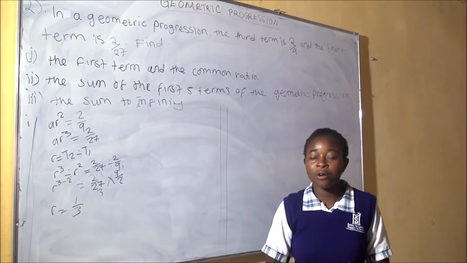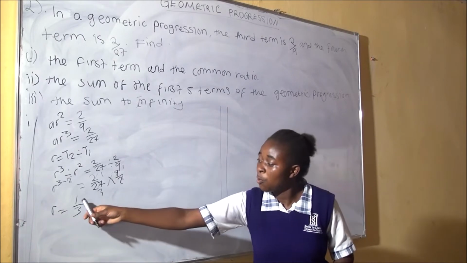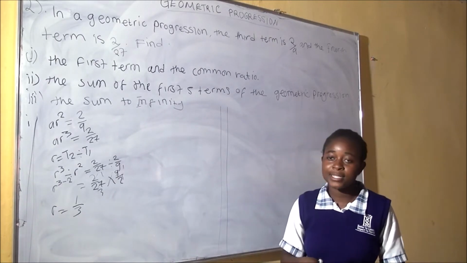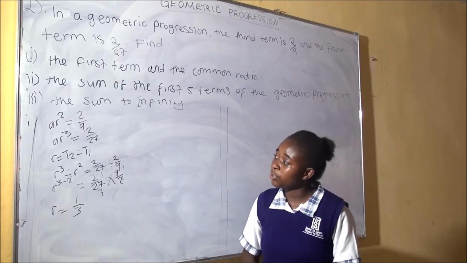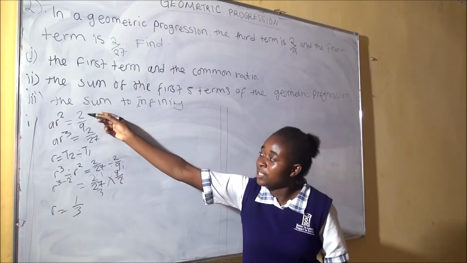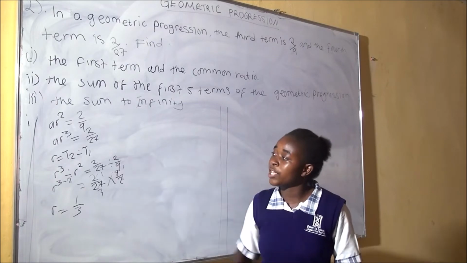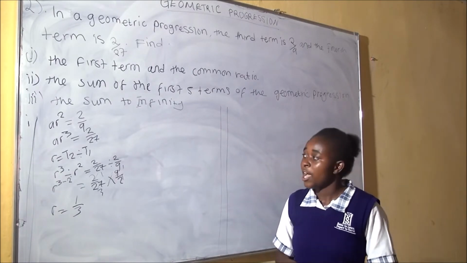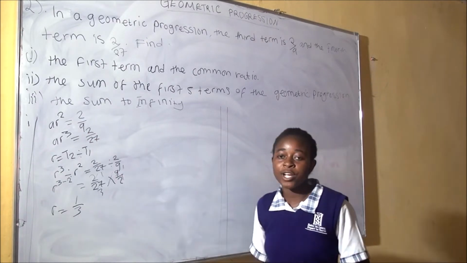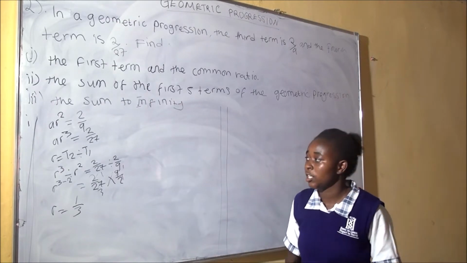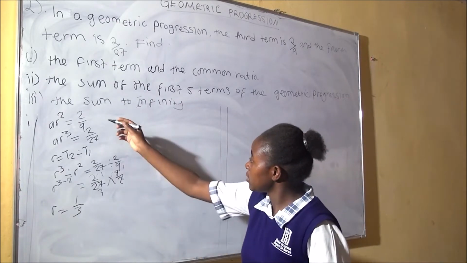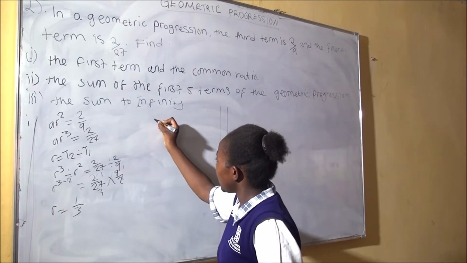So we have found our common ratio, which is 1 over 3, which will make it easier for us to find the first term. We can choose either equation to find the first term. As for me, I'll use the first equation, so that I can find the first term.